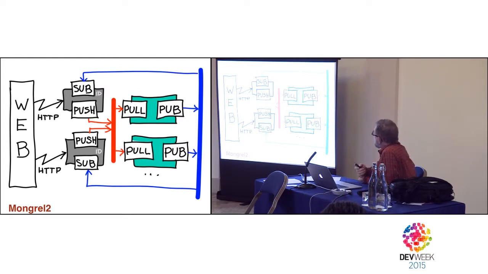What we have here is the problem of how do you build a web front end to a service architecture. Now here, the turquoise squares are services. They're microservices. And the gray squares have one job. They are translating HTTP into a service bus request.